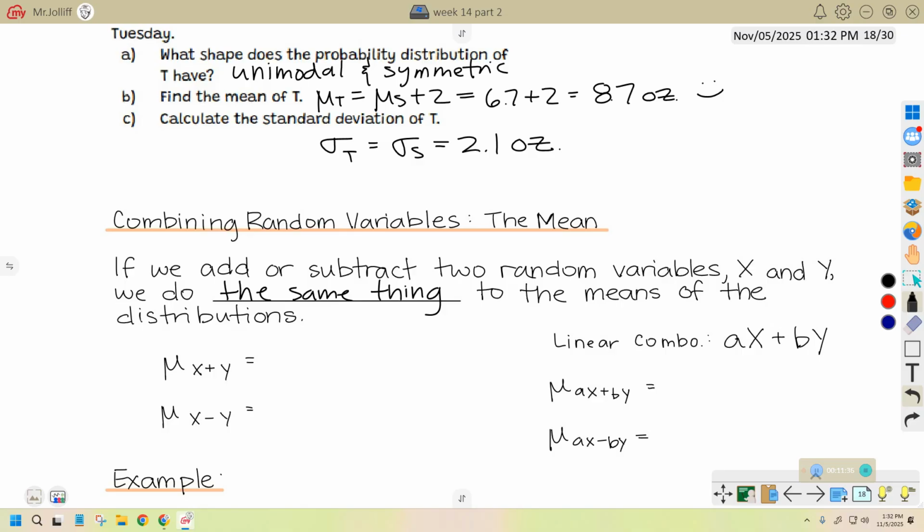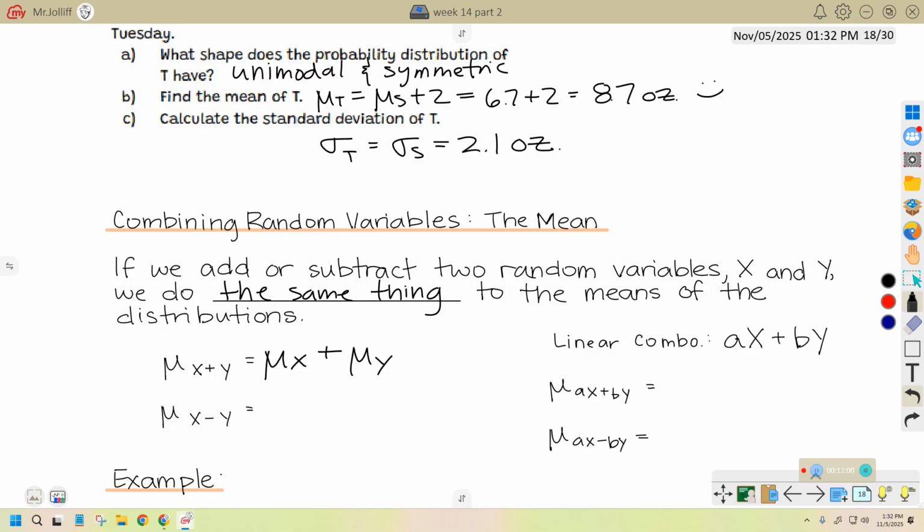Whatever we do to the data values, we do to the means. The mean behaves just like any other data point in the data set. So if I'm adding X and Y, I'm adding mu X plus mu Y. So mu X plus Y is mu X plus mu Y. I just add the means separately.